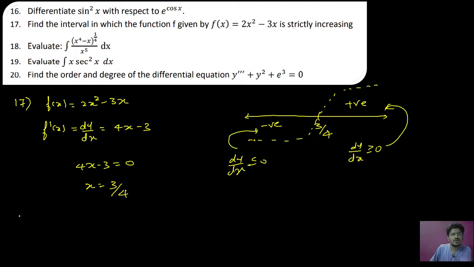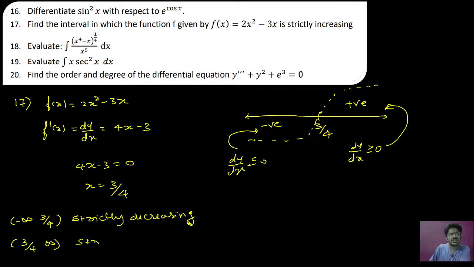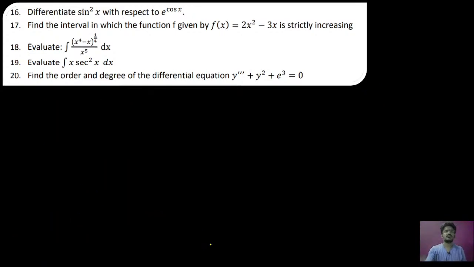That means from negative infinity to 3 by 4, strictly decreasing. From 3 by 4 to infinity, strictly increasing. Clear?